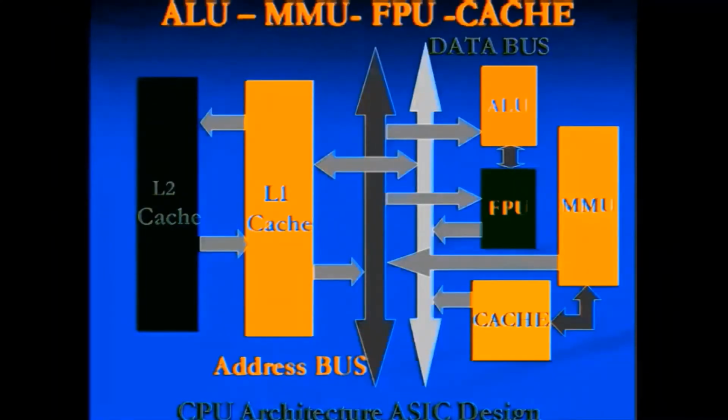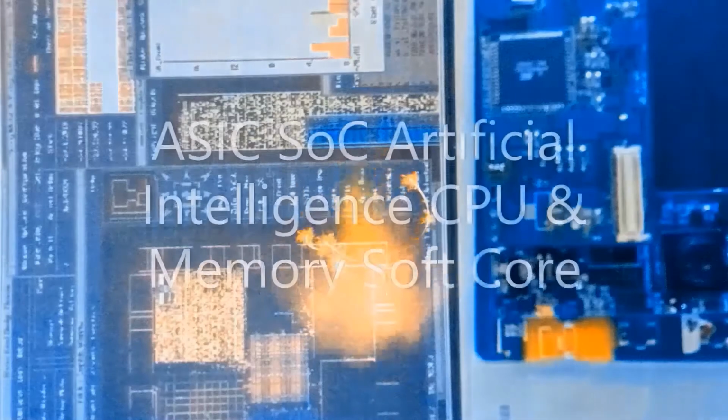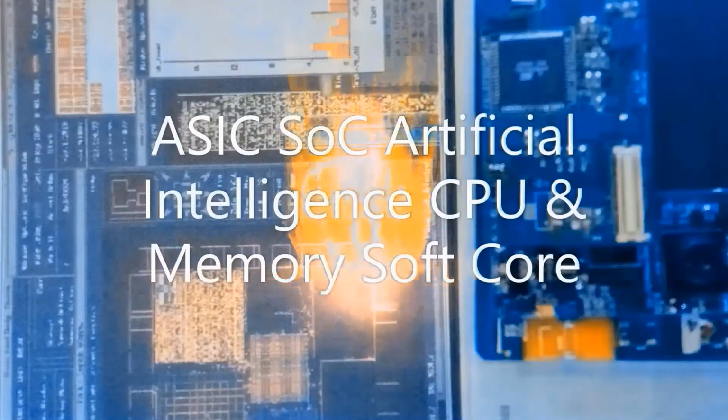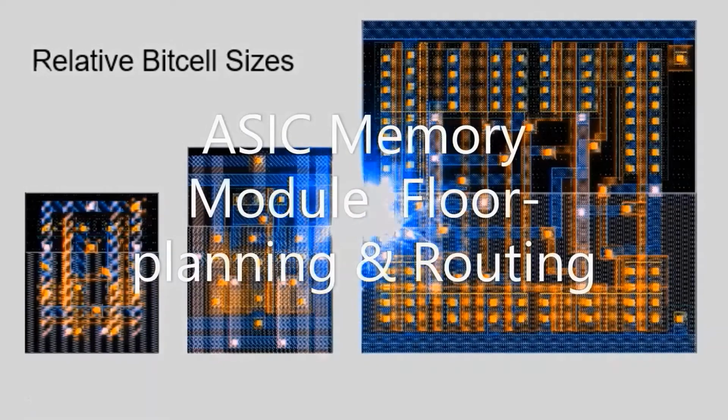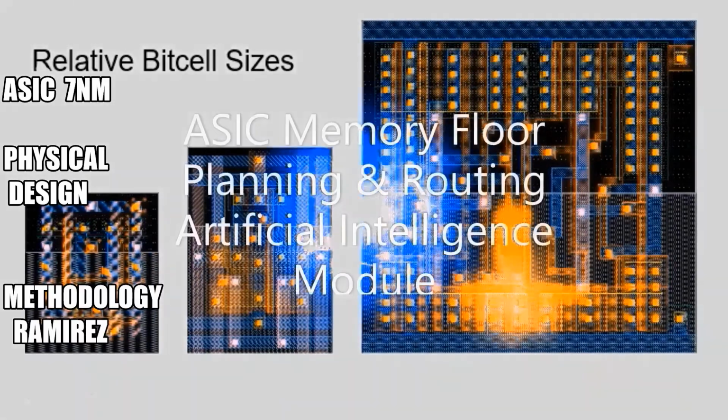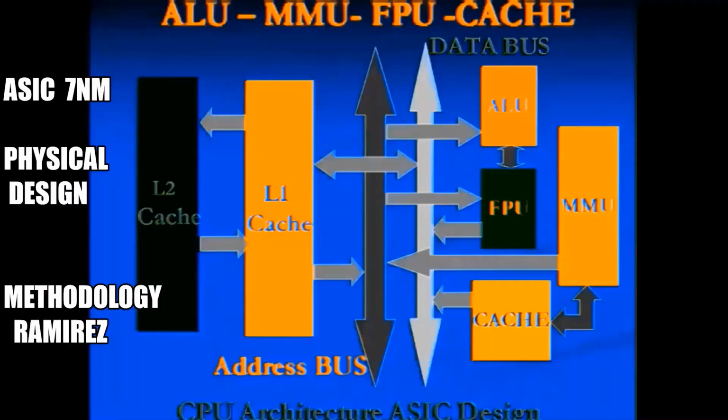ASIC physical design methodology: the implementation for memory modules. The front-end mode consists of generating the SPICE models, which gives you the layout views and timing models. It also estimates power and delay analytically.